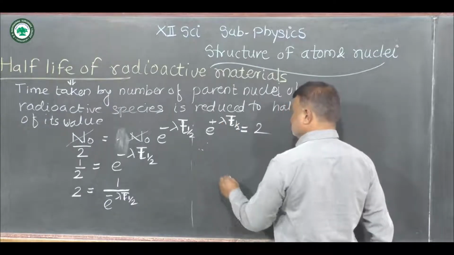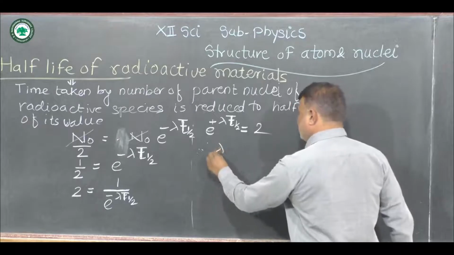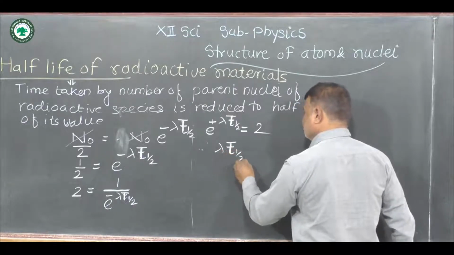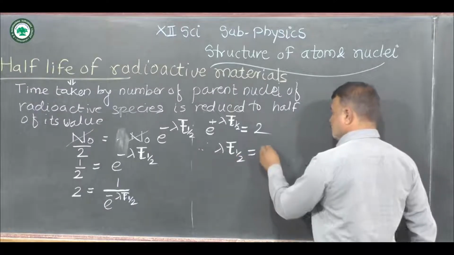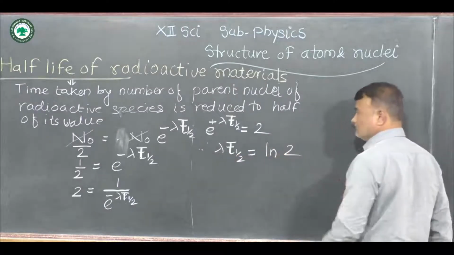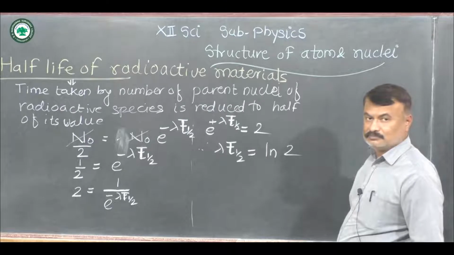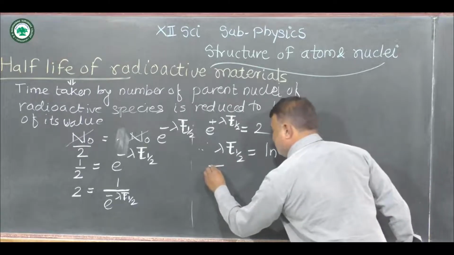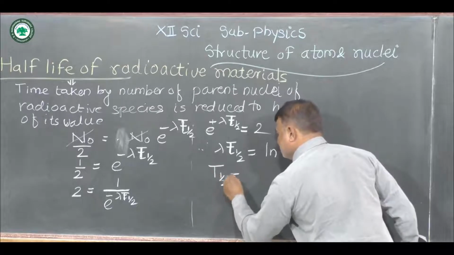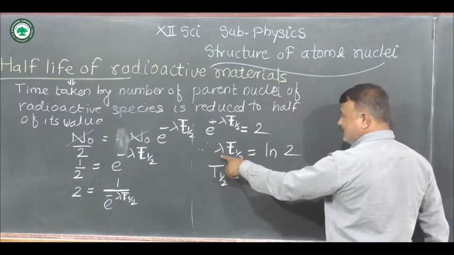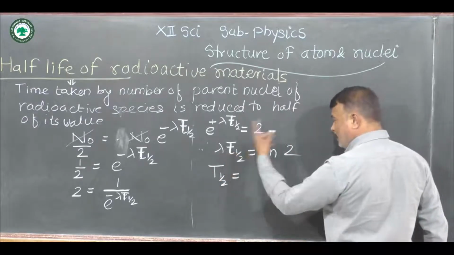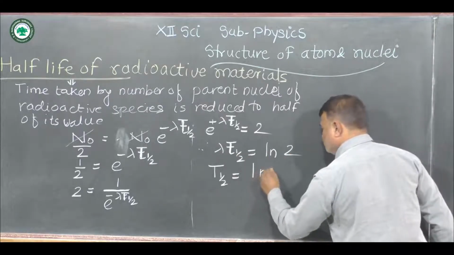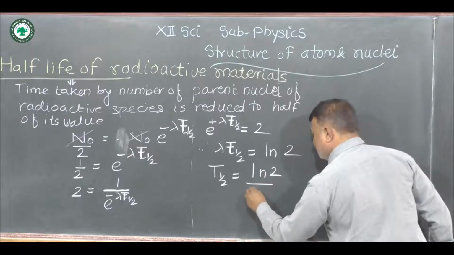So we get lambda T half is equal to log of 2. Now we have to find out this half-life time T half. Now this lambda is multiplied, so on the opposite side it will become log of 2 upon lambda.